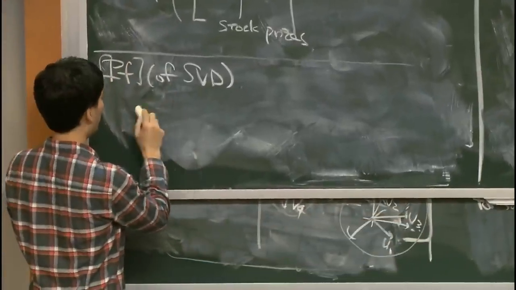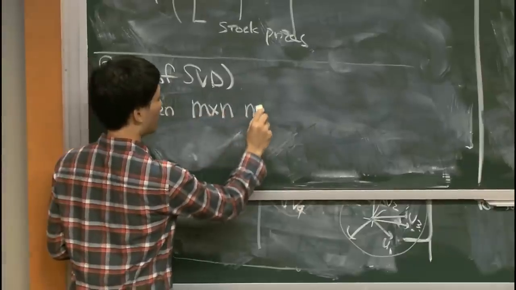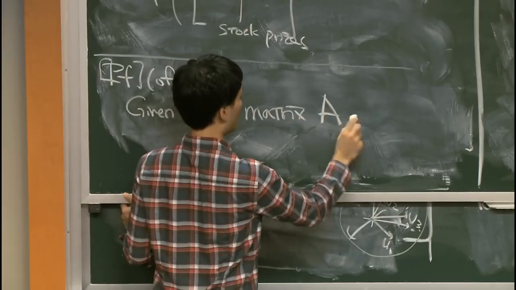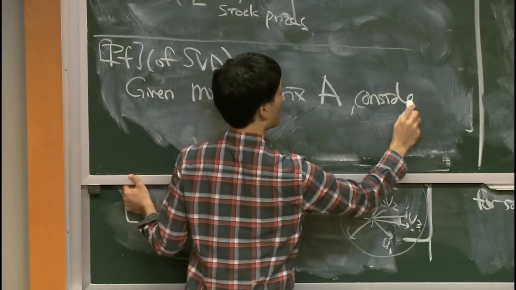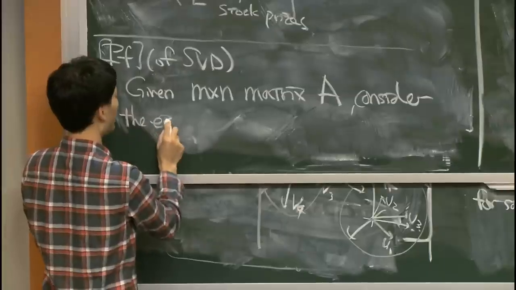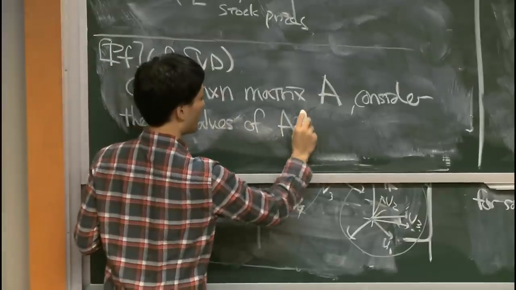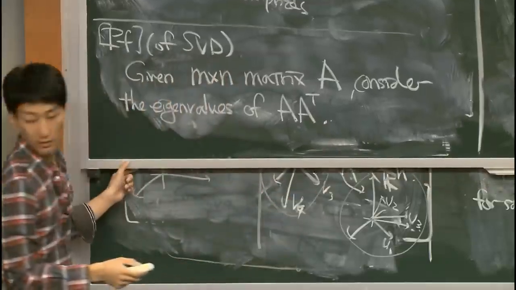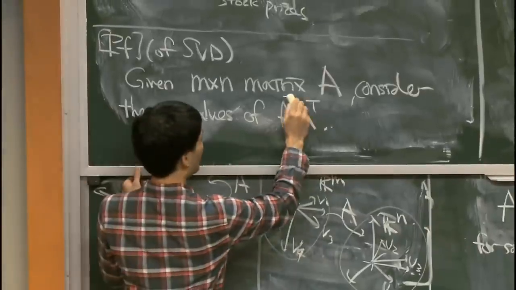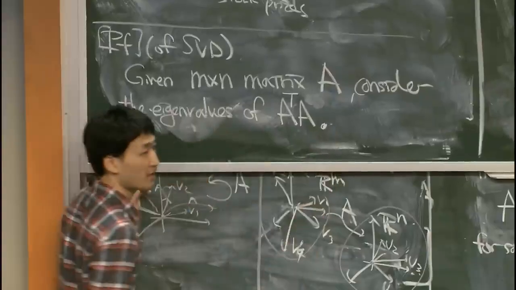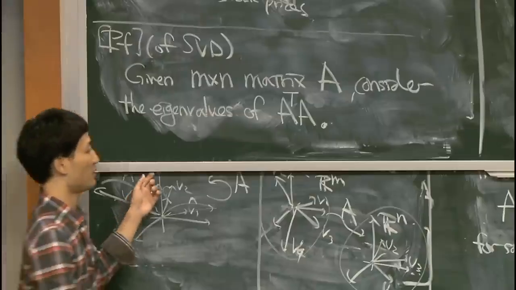Given a matrix A, consider the eigenvalues of A transpose A. First observation: that's a symmetric matrix.